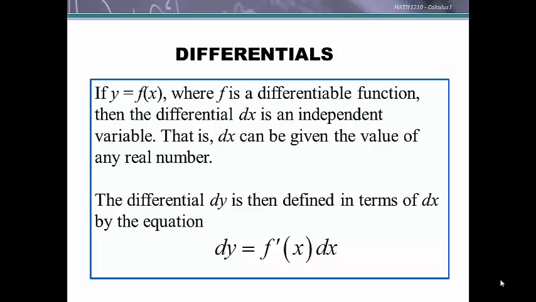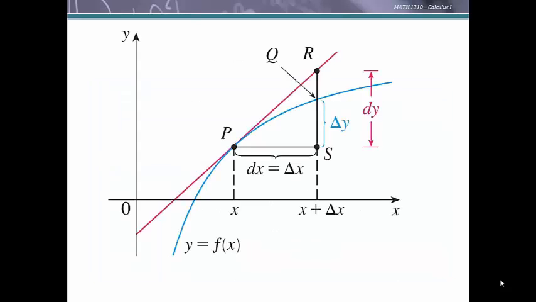Now let's see what this means graphically. If we look at our function and we look at x, and then we have a little delta x that we add to that, so we come over here to s, and then we go up and find the function. So that's at q, then we have a delta y. So we had a change in x, delta x, and then the change in y, delta y.